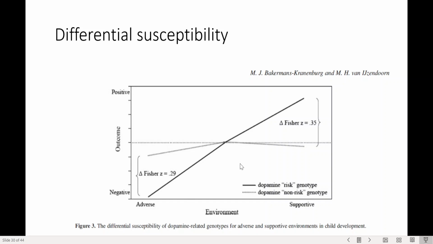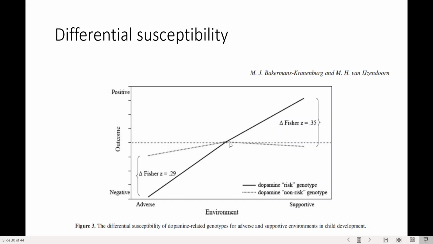benefits. But what they found in a number of meta-analyses and studies is that those individuals that had risky genotypes, so like dopamine systems that were deemed to be less effective, obviously fared much worse in adverse, harsh environments.